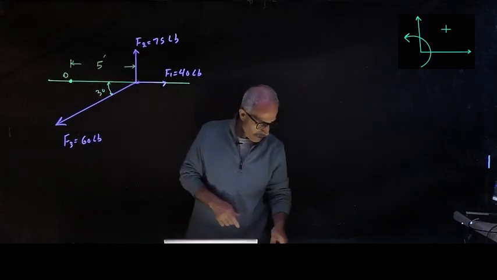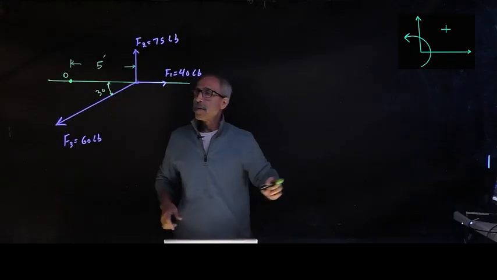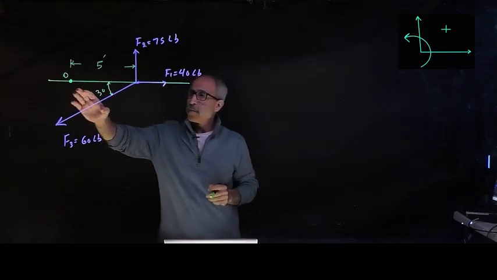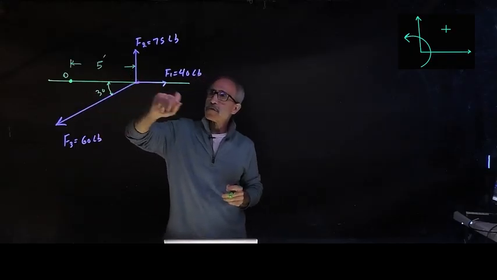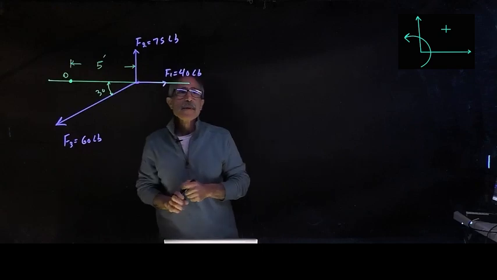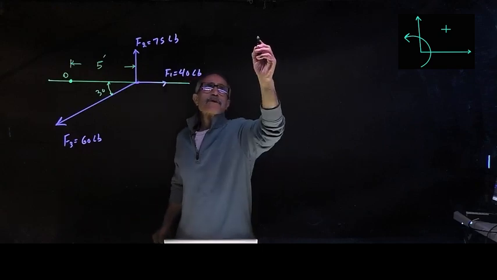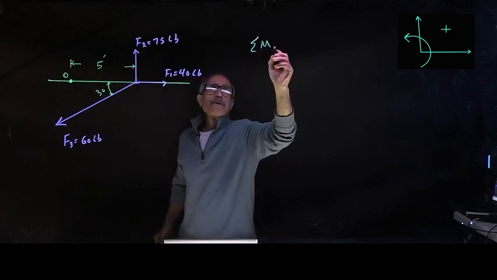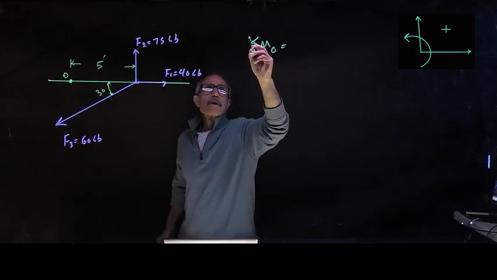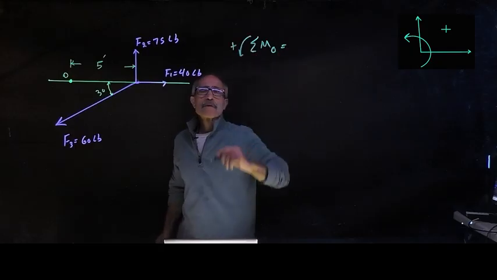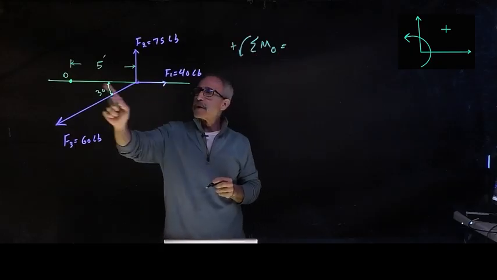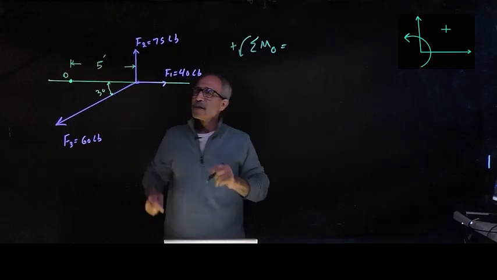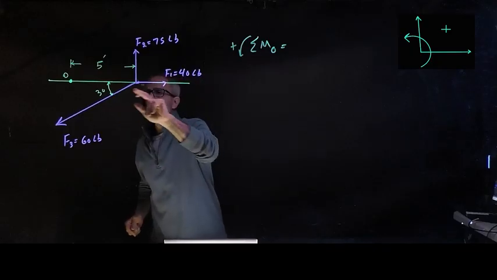I want to take a moment about this point, so I'm going to take a moment of this force, this force, and this force. Let's go with F1. What I can do is say the summation of moments about O is equal, counterclockwise is positive, to first, F1 times the distance between this force and here.